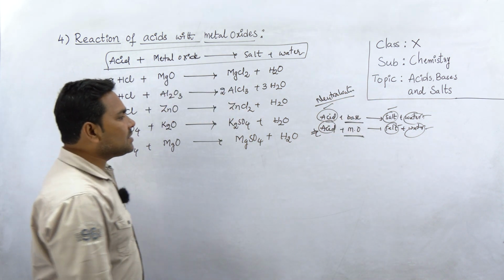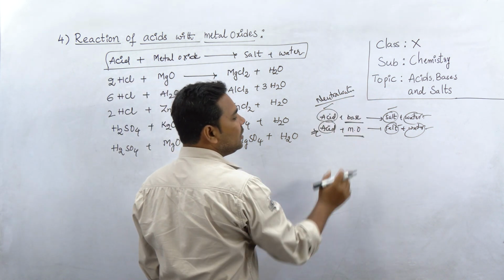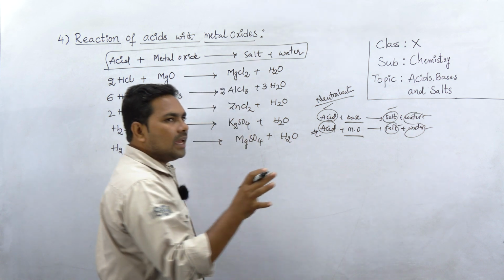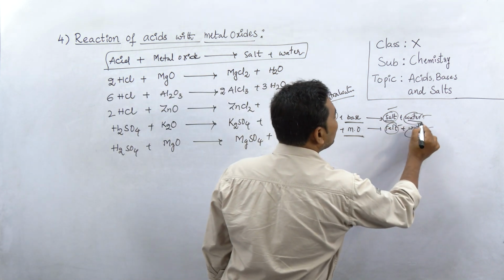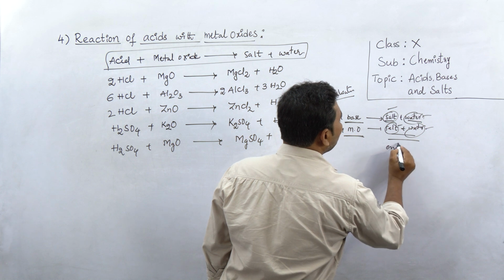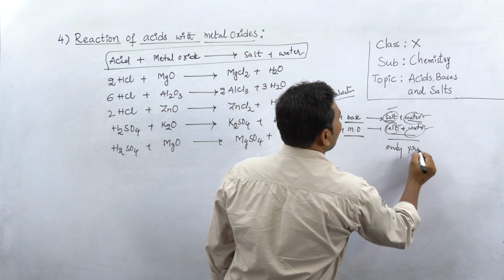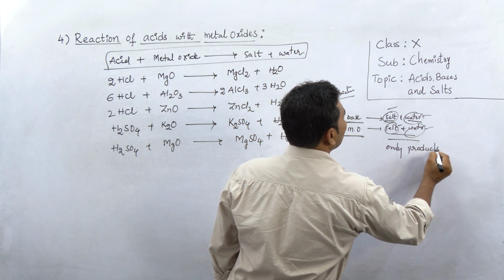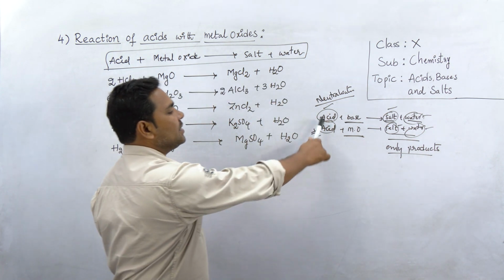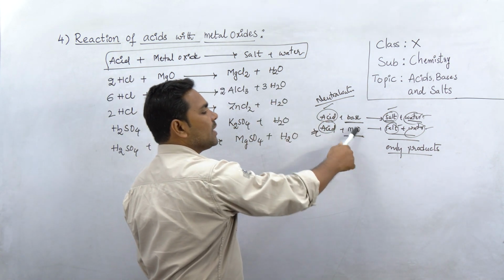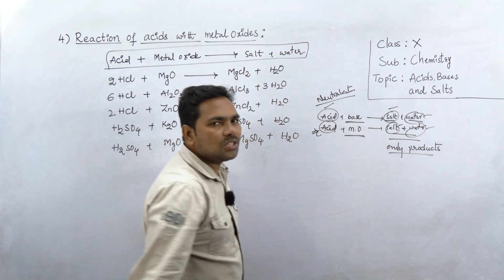Okay. In this reaction, why are these two called neutralization reactions? Because a chemical reaction in which salt and water are the only products is called a neutralization reaction. So whenever acid reacts with base or acid reacts with metal oxide, the products are only salt and water.